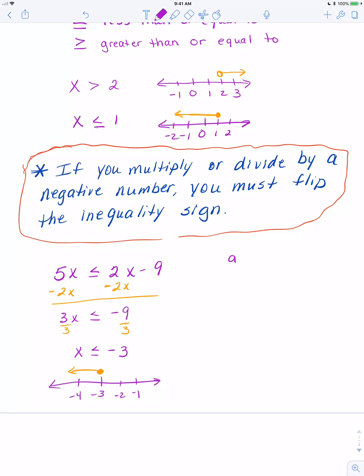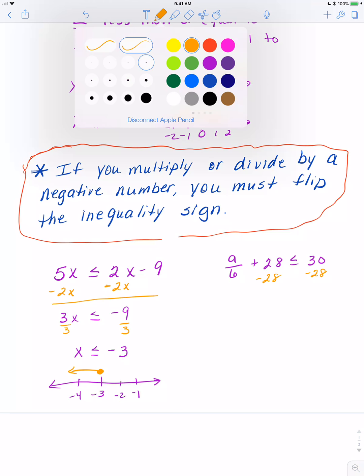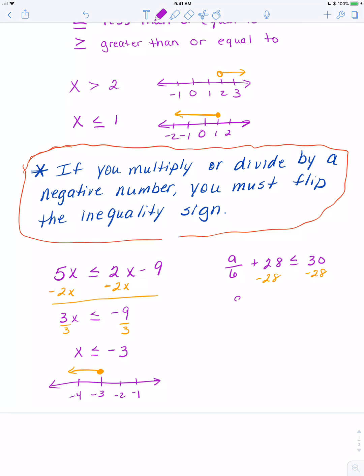What about a over 6 plus 28 is less than or equal to 30. Okay, well again, we want to subtract our 28 from both sides. And that leaves us with a over 6 is less than or equal to, well, 30 minus 28 is 2.